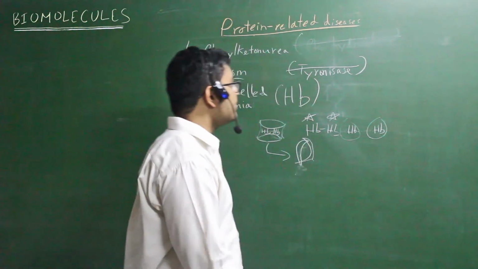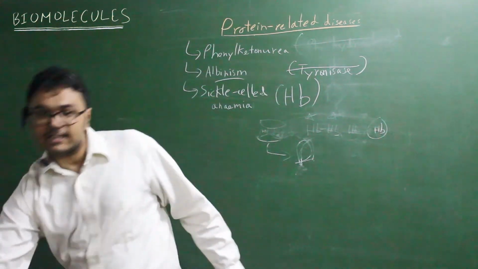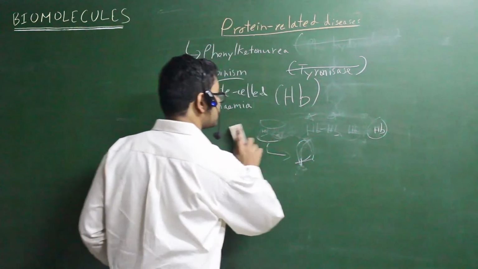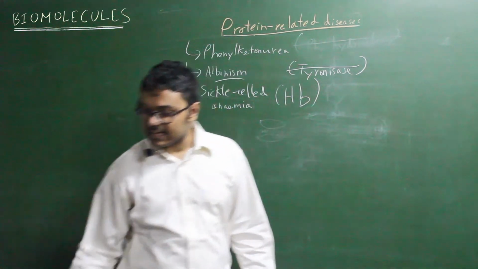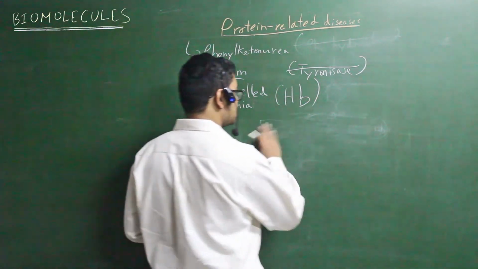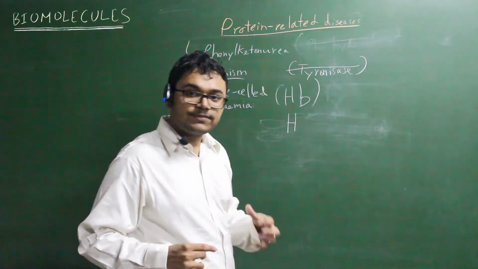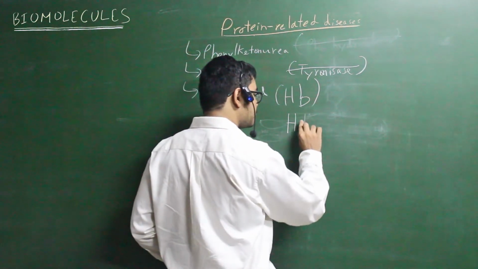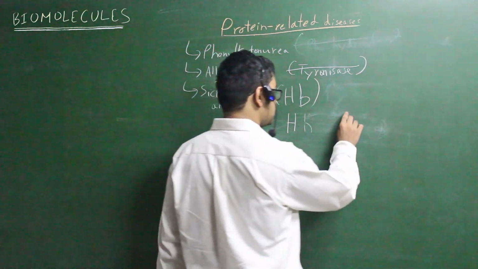Let's assume now that you have an entire population that has the gene called capital H for defunct hemoglobin from one parent, and from the other parent has the gene for normal.